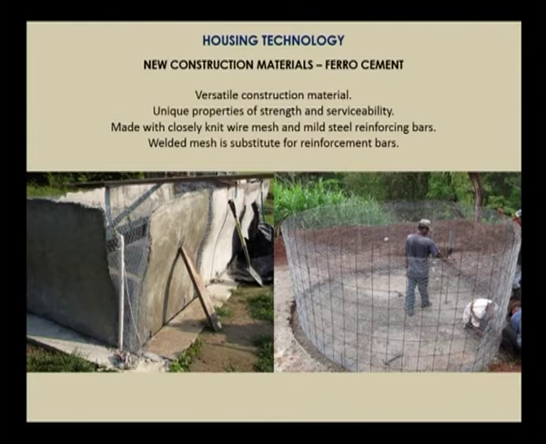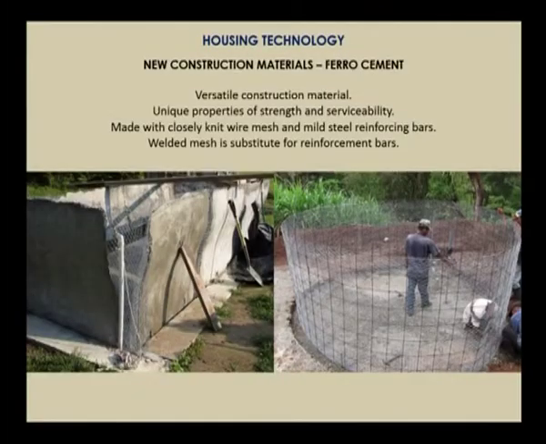One example of housing technology and the new construction materials is ferrocement. This is highly advantageous because this material reduces the weight of the entire structure, having no steel bars. So, much less steel or no steel bars are required for reinforcement, and it is very versatile and has high strength quality.